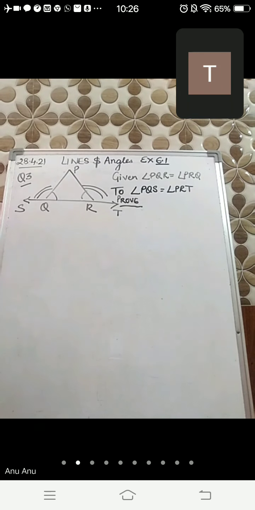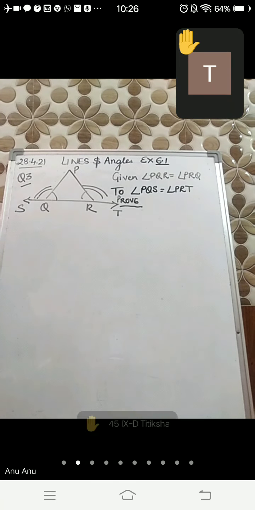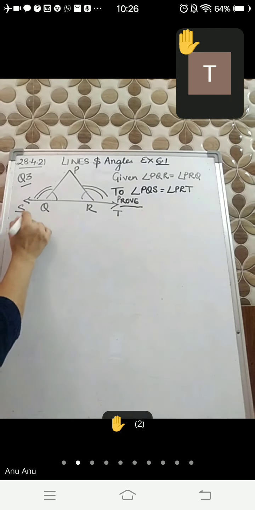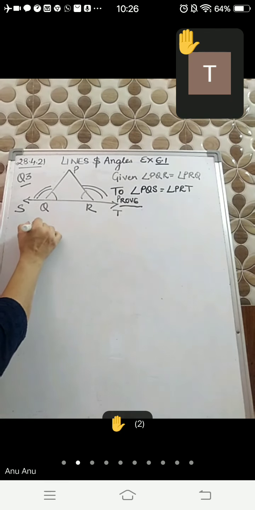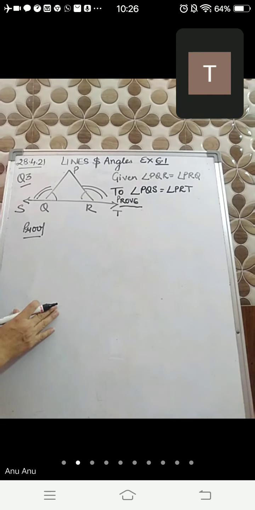Now, beta, can anyone tell me the way how we can do this? Do you have any relation between these two angles, the single line angle and the double line angle? Now, beta, these two angles are forming a linear pair.